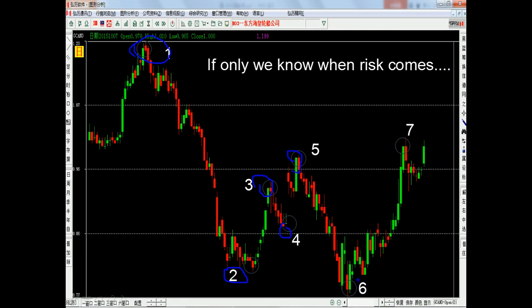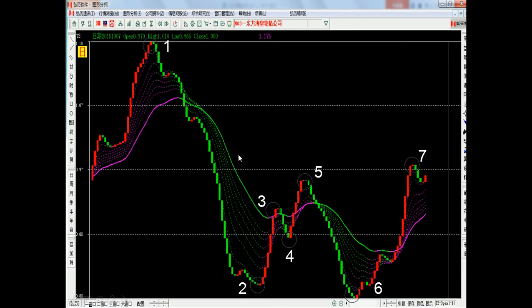How to buy low and sell high? Actually, if we have the indicator, it's very easy. Okay, I change to the indicator. So here sell high, here buy low, sell high, buy low, sell high. If we have the indicator, it's very easy to operate.